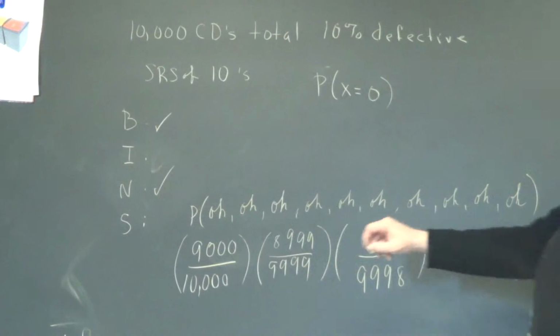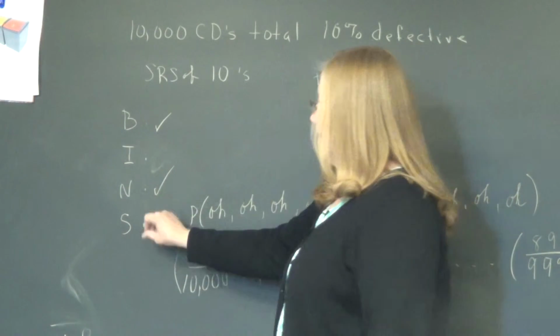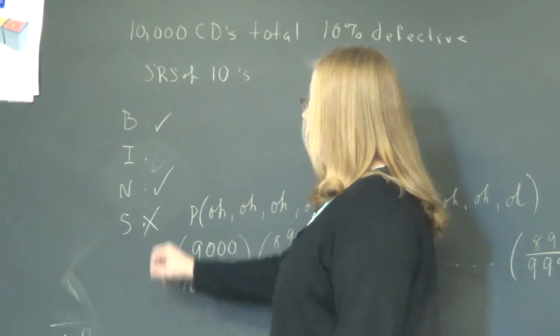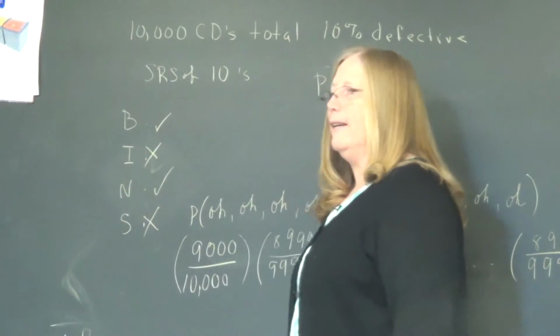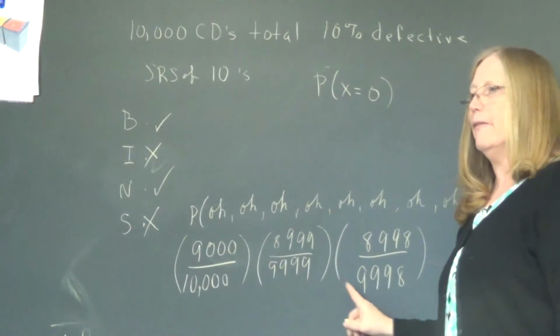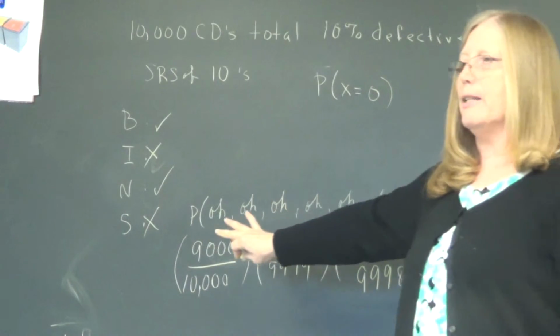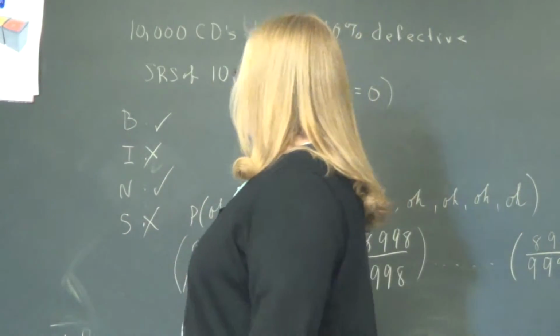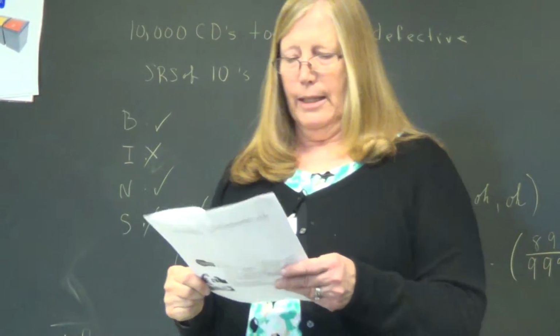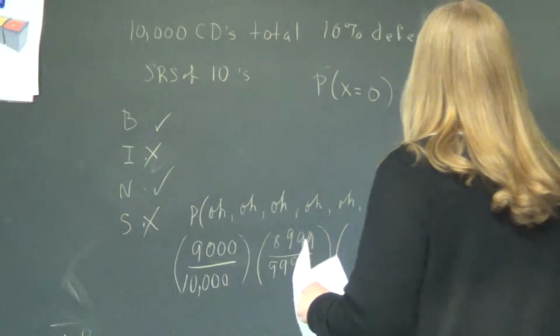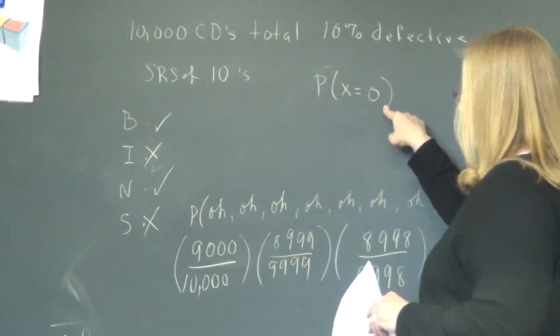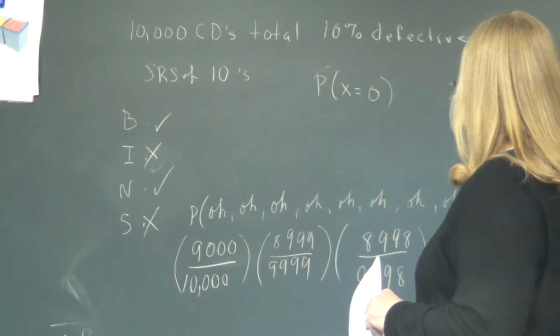Even though it doesn't pass muster here, because it does not have the same probability and the trials are not totally independent from one another, let's pretend it is a BINS situation. So on your calculator, we are going to find the probability of x equals 0. So we go second, bars.